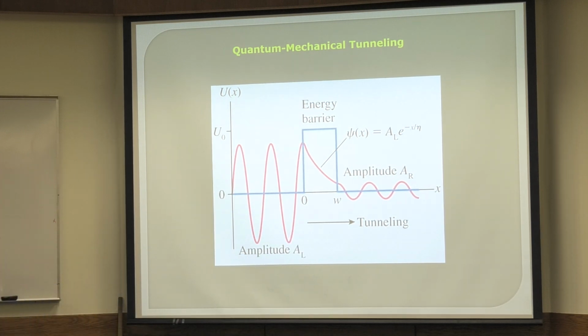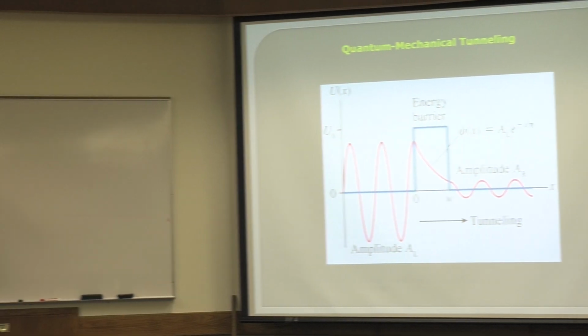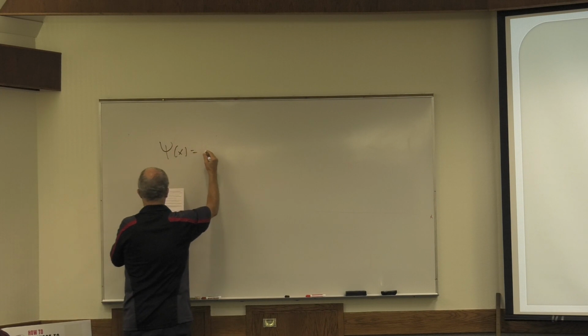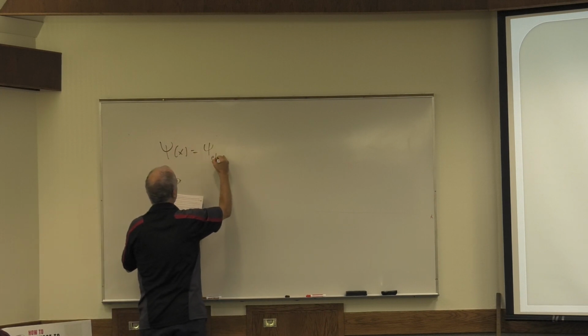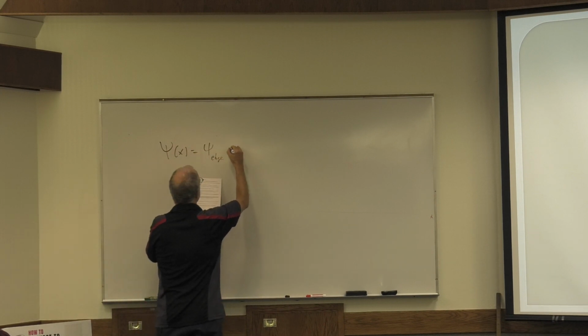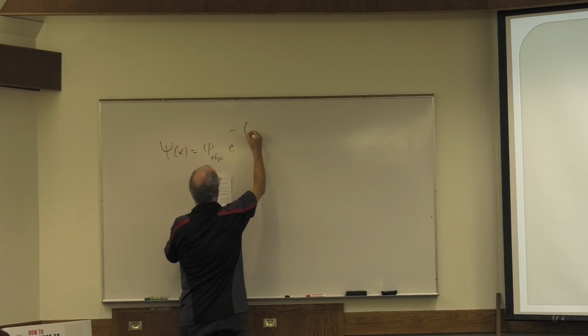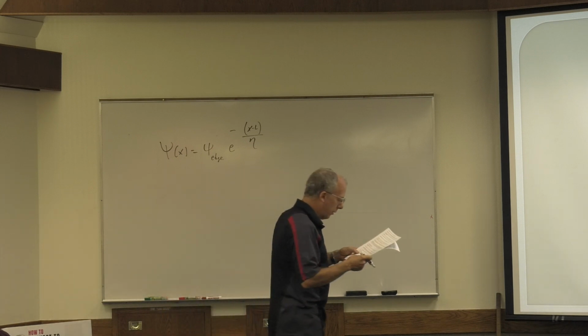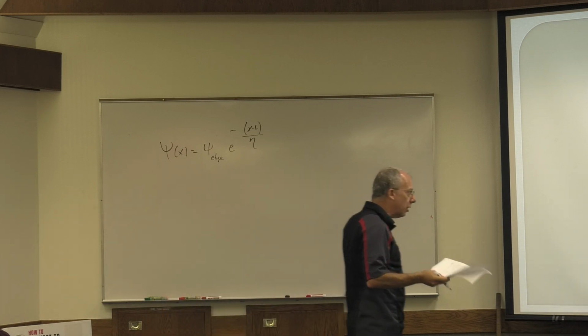So here we go. A while ago in this chapter we had psi of x equals psi edge e to the minus (x minus L) all over eta. Remember when we were talking about eta? So that's what we had. Now, we're going to make it simple, right?